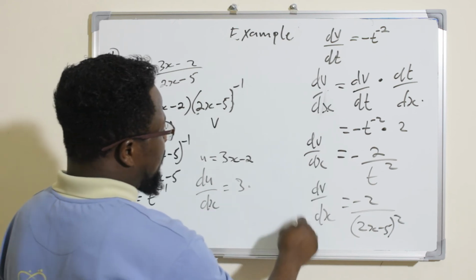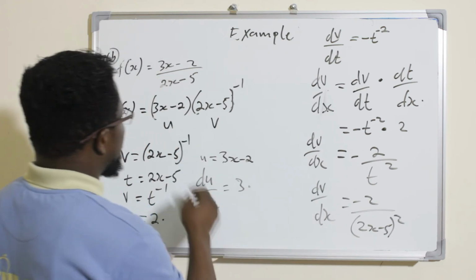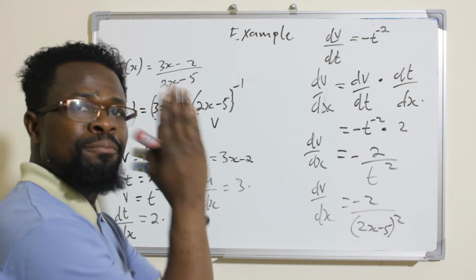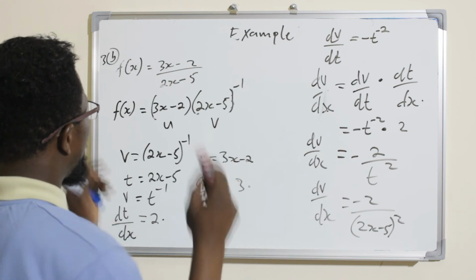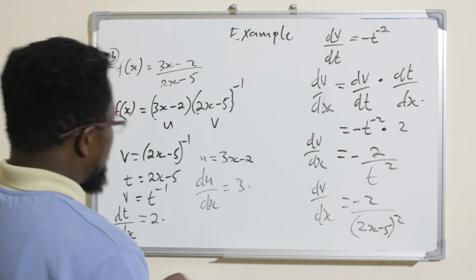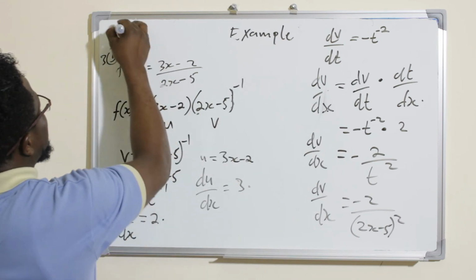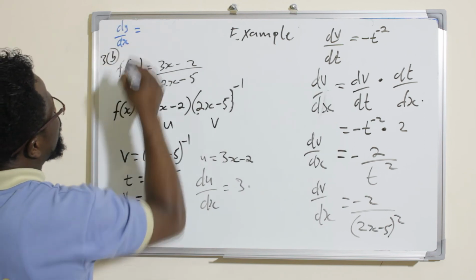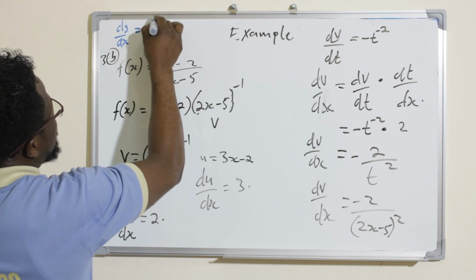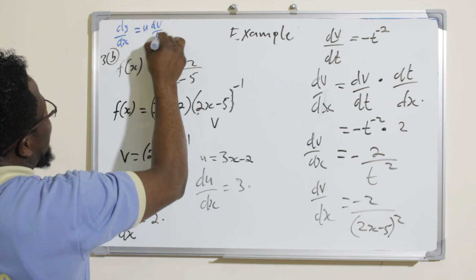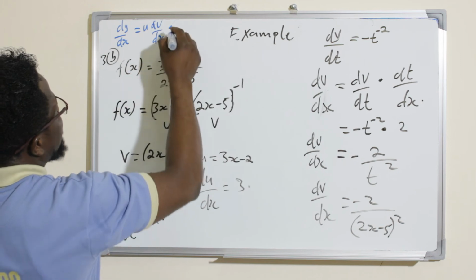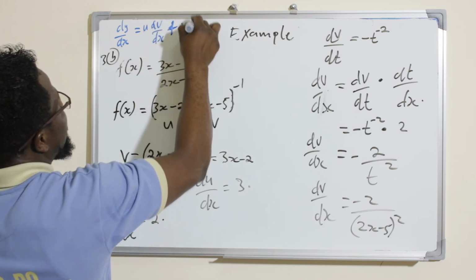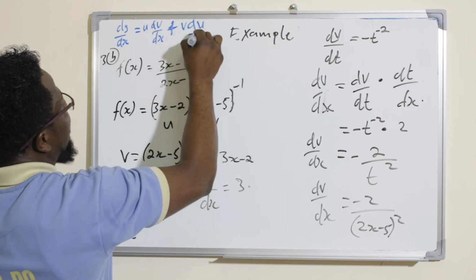I have gotten dv dx. I've gotten u. I've gotten v. I can apply my product rule. What is the product rule? Remember that our product rule is dy dx equals u dv dx, sorry, we'll add it to v du dx.